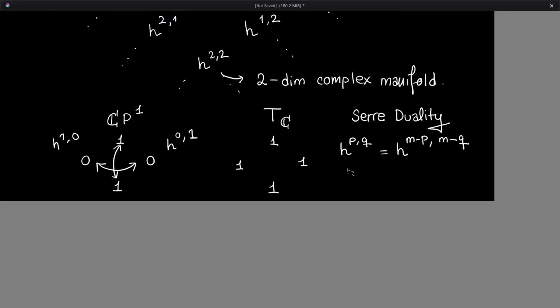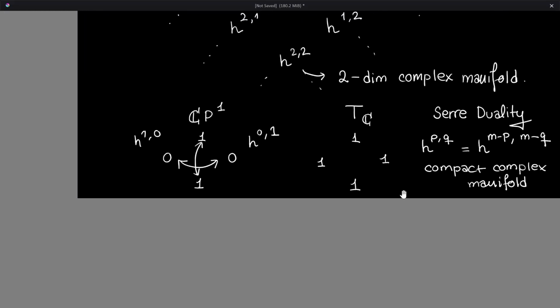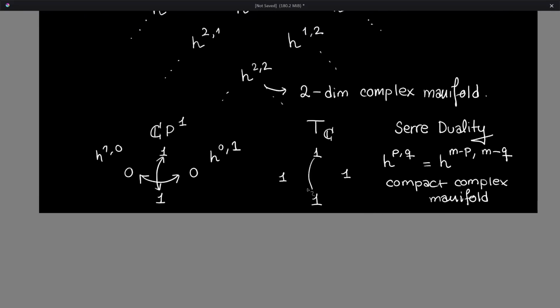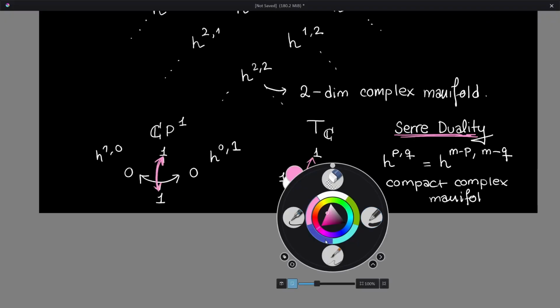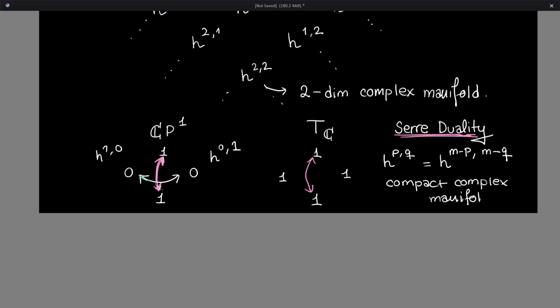And this works on any compact complex manifold. This is not specific to Kähler manifolds. So with the Serre duality, we have this. Maybe let's color code that. I'm going to underline that in pink. So that's Serre duality right there. And this is Hodge symmetry.